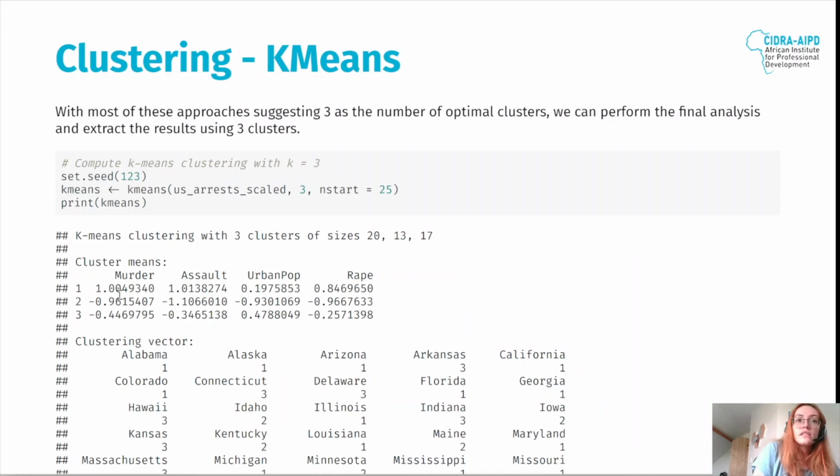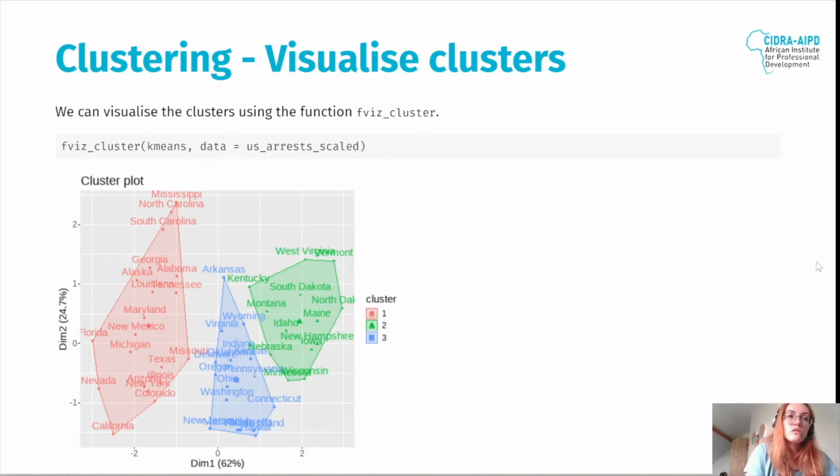On the other side, we have for example the 3 that seems to be pretty okay in everything. It's more difficult to see with the scaled values, but it's just so you can have an idea of the means of murder, assault, urban population, and rape for each of the clusters.